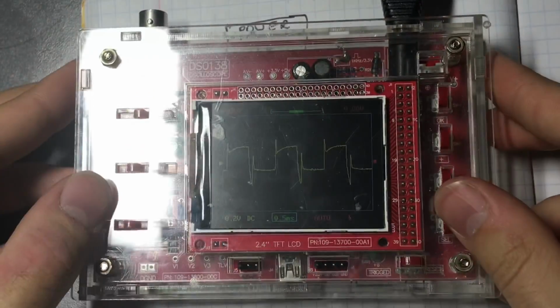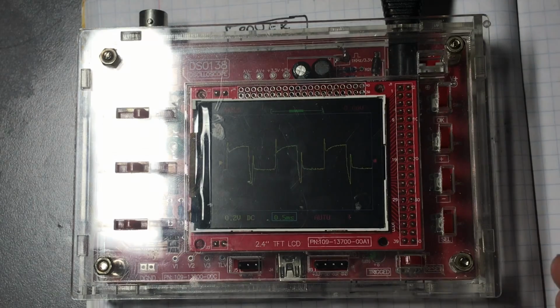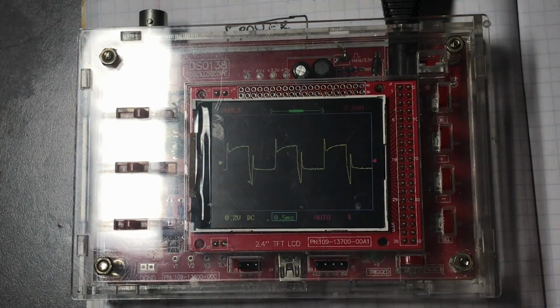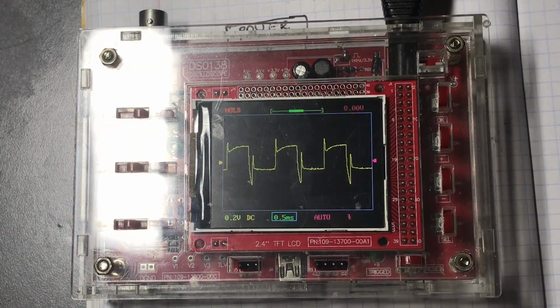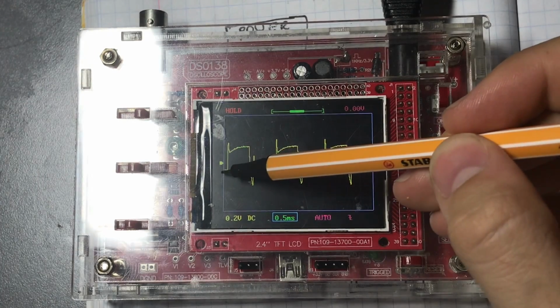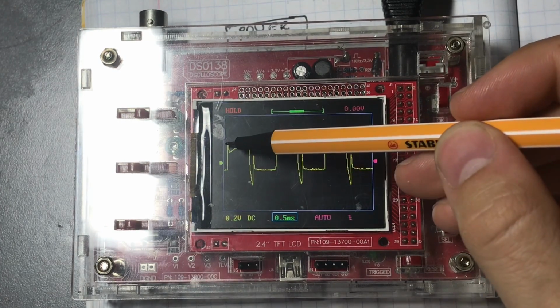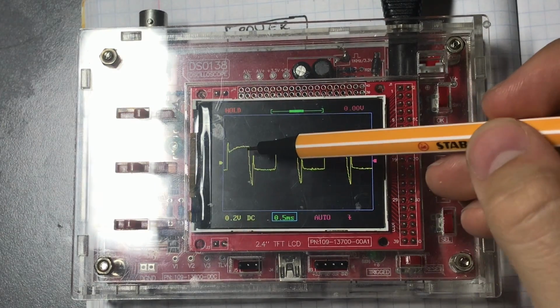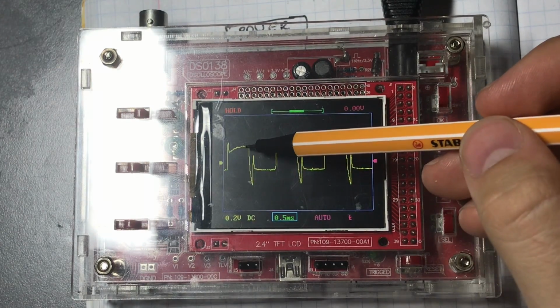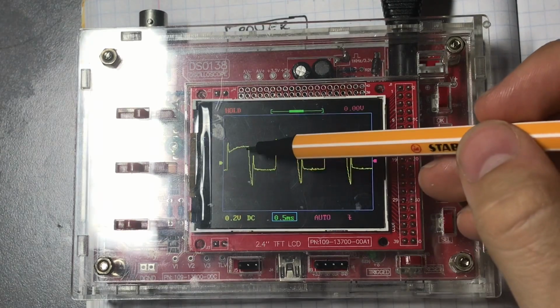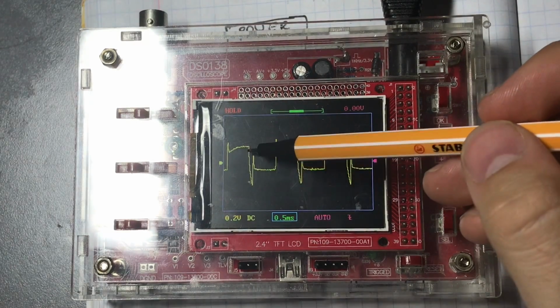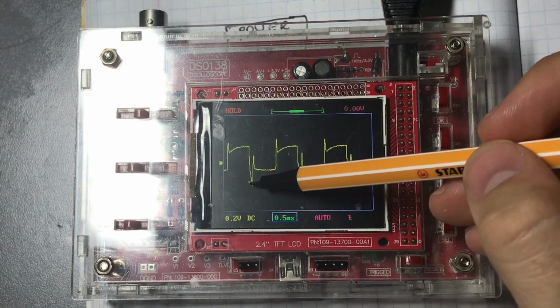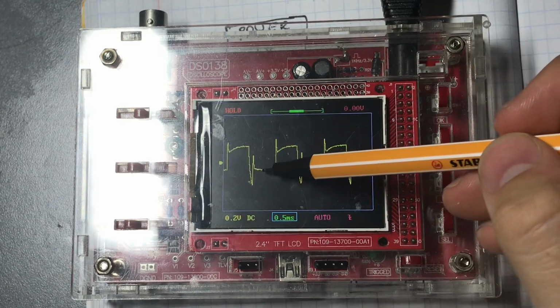So now I'm in hold mode, and this is how the waveform looks. As you can see, it bumps up to the high voltage level, goes nearly stable in here, then it goes down, and as you can see, the capacitor overcharges a bit, and then it goes to the normal level.